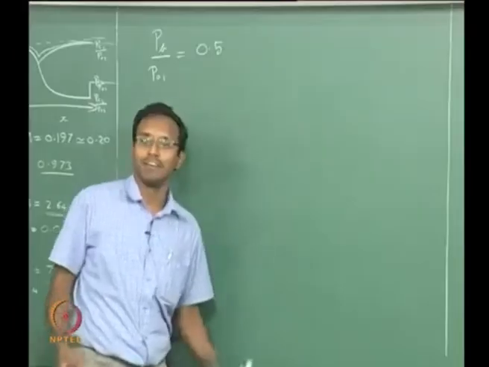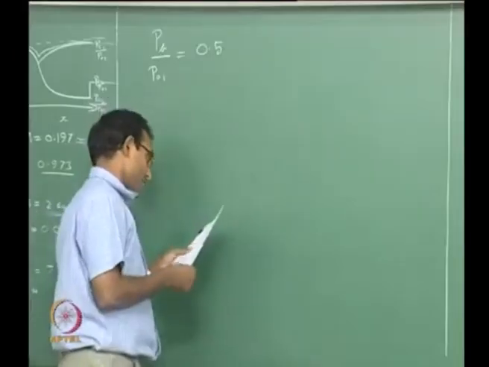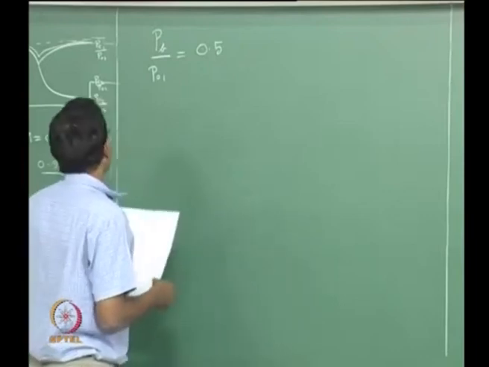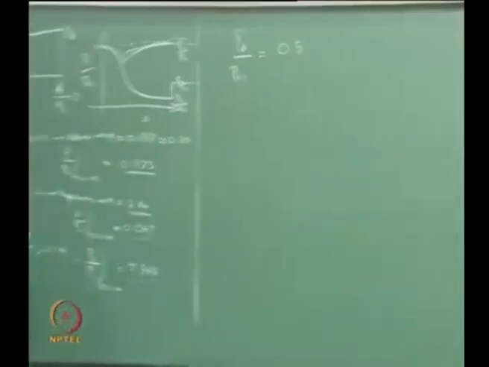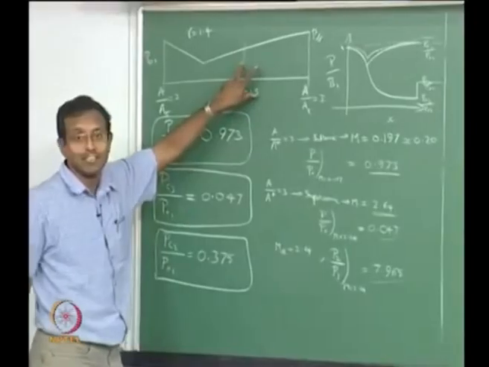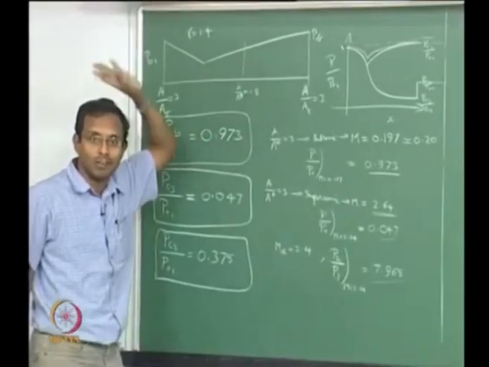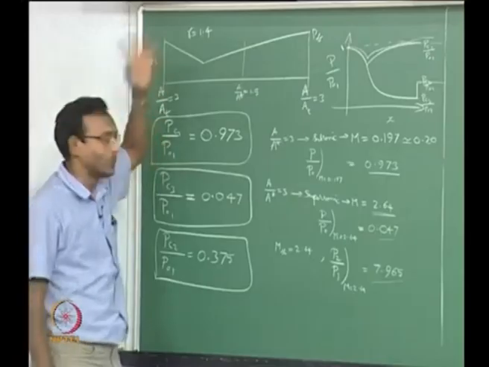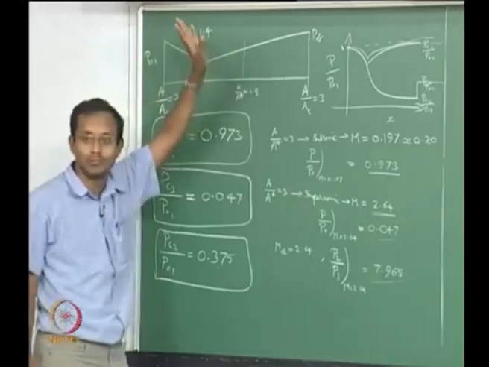Simple enough, it is definitely in between those two. Okay, and now we want to solve this problem, and all we know as of now is there is a shock definitely in the divergence portion, right? From all our discussions last 2 classes and the experimental video we saw, we know that definitely there is a shock in the divergent portion.